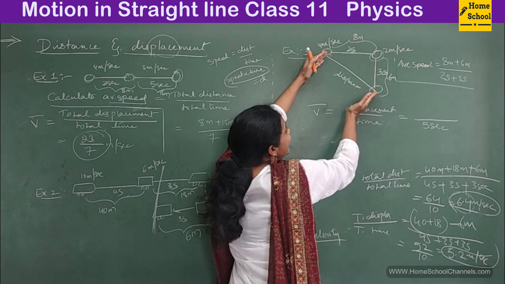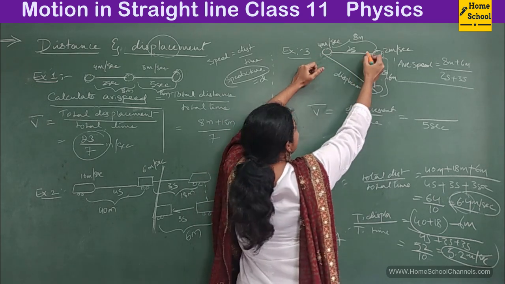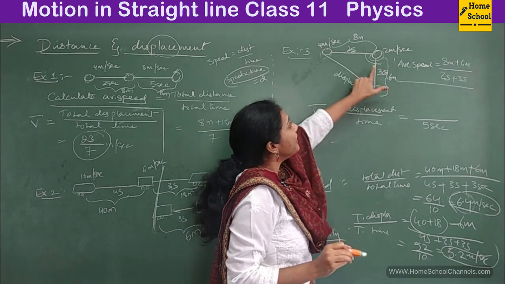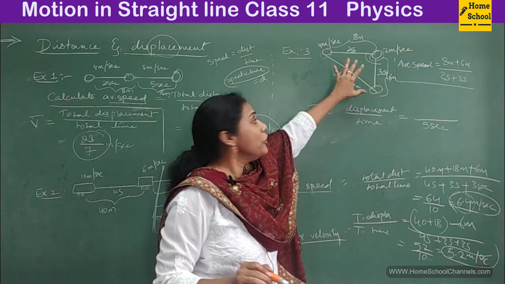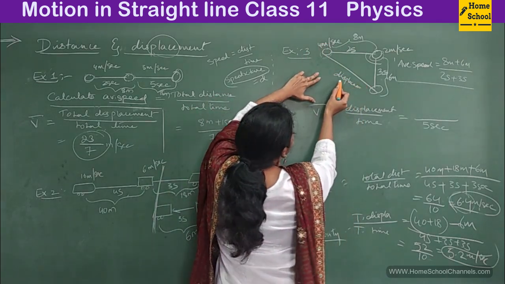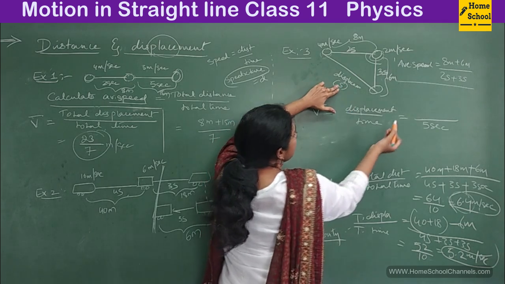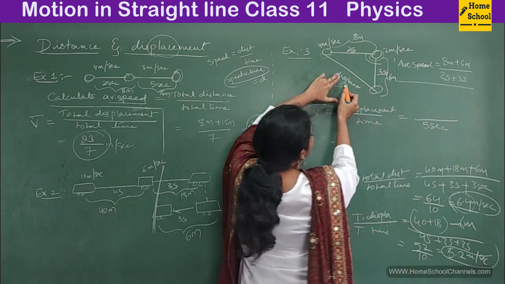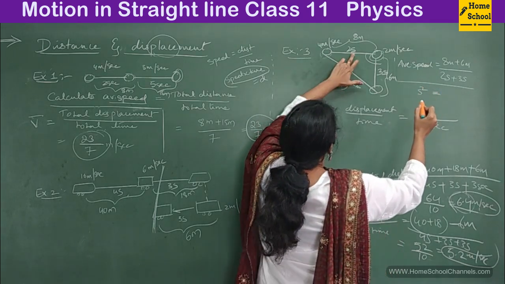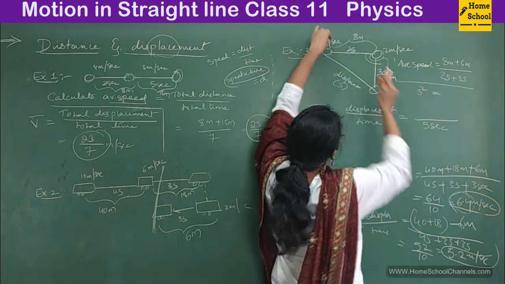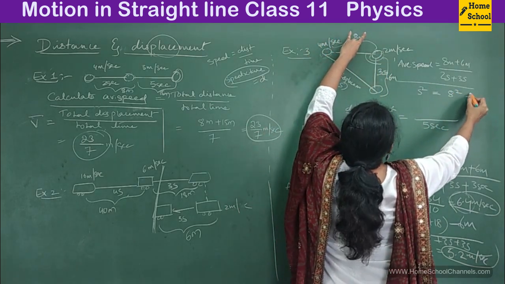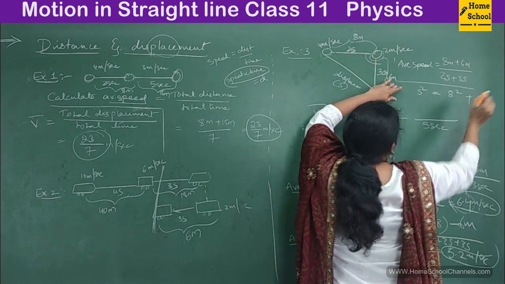So how do you calculate displacement? You see here it's making an angle of 90 degrees, right? So it has become a right angled triangle now. So you can apply Pythagoras theorem, right? Let me call the displacement S. S square is equal to 8 square plus 6 square, right?